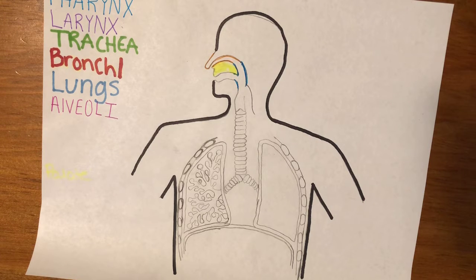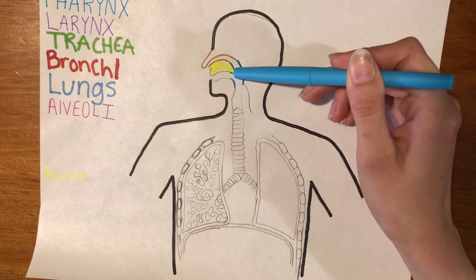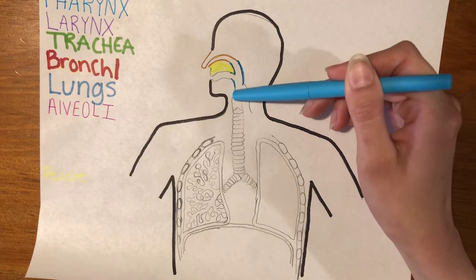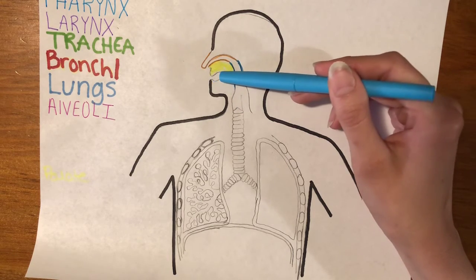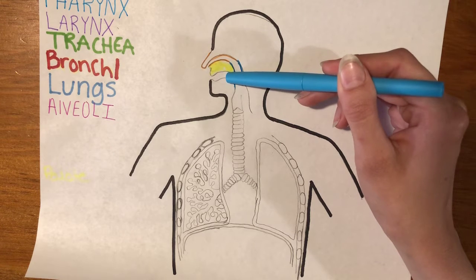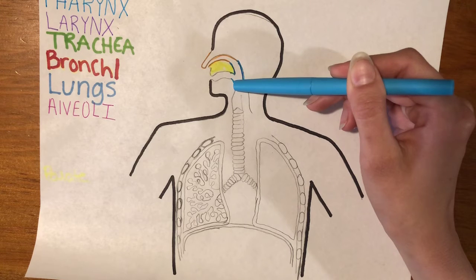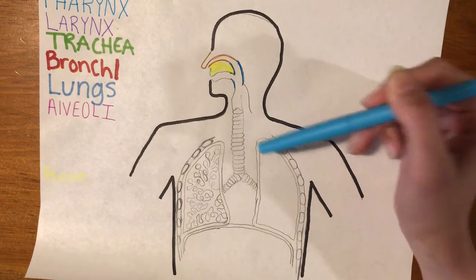Air entering the superior portion of the nasal pharynx through the nasal cavity travels down through the oral pharynx and the laryngeal pharynx and enters the larynx. Food enters the mouth, travels with air through the oral pharynx and the laryngeal pharynx, but instead of going to the larynx, it's pushed aside to go down the esophagus.